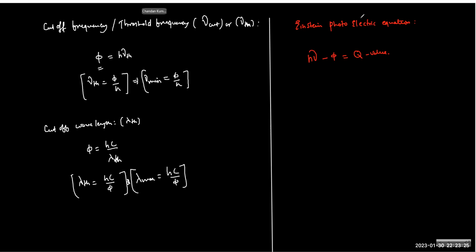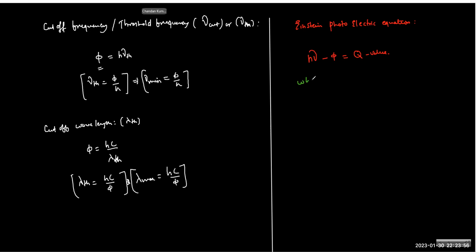The kinetic energy is what we eventually receive when those electrons come out of the metal surface completely. See, when I say photoelectrons, when they come out of the metal, we call them photoelectrons. When they are still trapped within the surface, we don't call them photoelectrons.